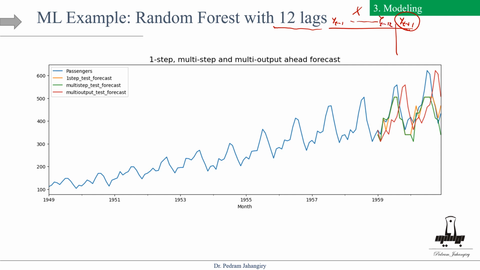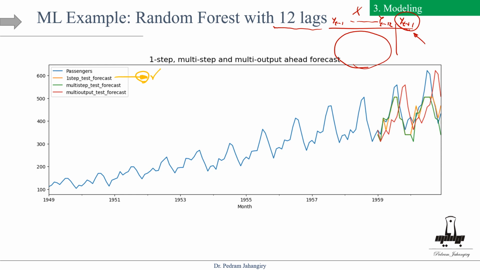So I'm using 12 lags as features to make a prediction for my y t. If I do it this way, this is a one step ahead forecast. So let's do orange. This is my one step ahead forecast, and the one step ahead forecast for this data set is something like this. I'm trying to highlight it, okay? And yeah, there you go.